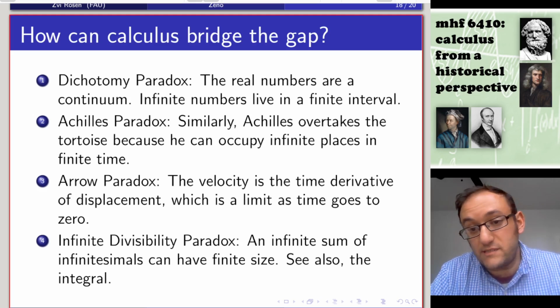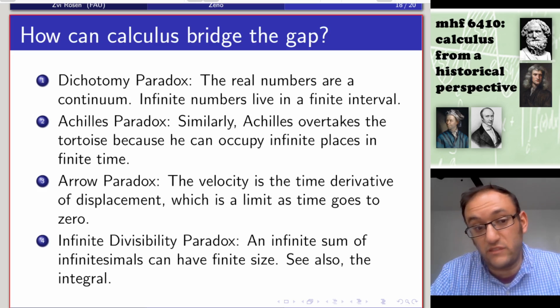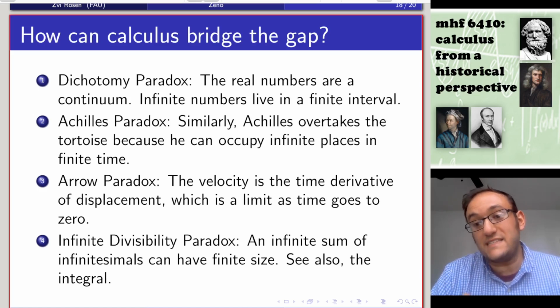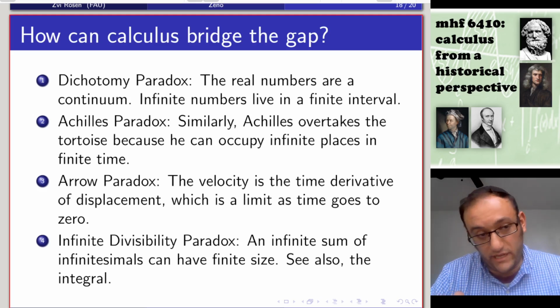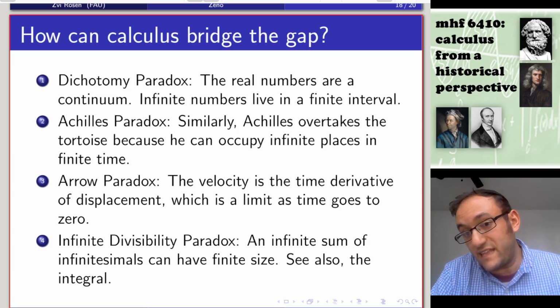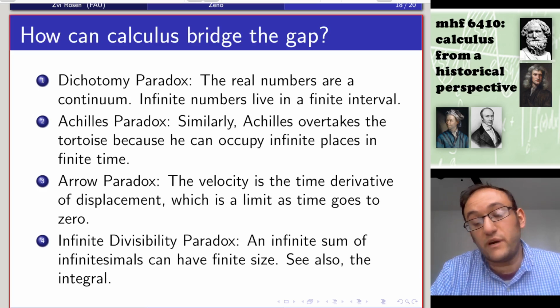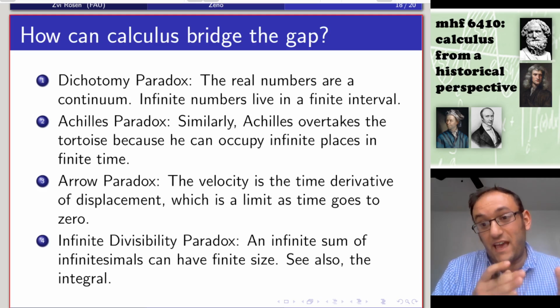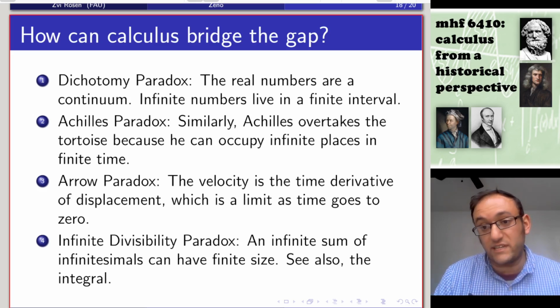The arrow paradox can be solved using the derivative. The velocity is the time derivative of displacement, which is a limit as time goes to 0. So Zeno thought that because the distance in a moment is equal to 0, that means that the velocity must be 0. But we know through the definition of a derivative that both the distance and the time taken to travel that distance are approaching 0, so their ratio may approach some non-zero limit.